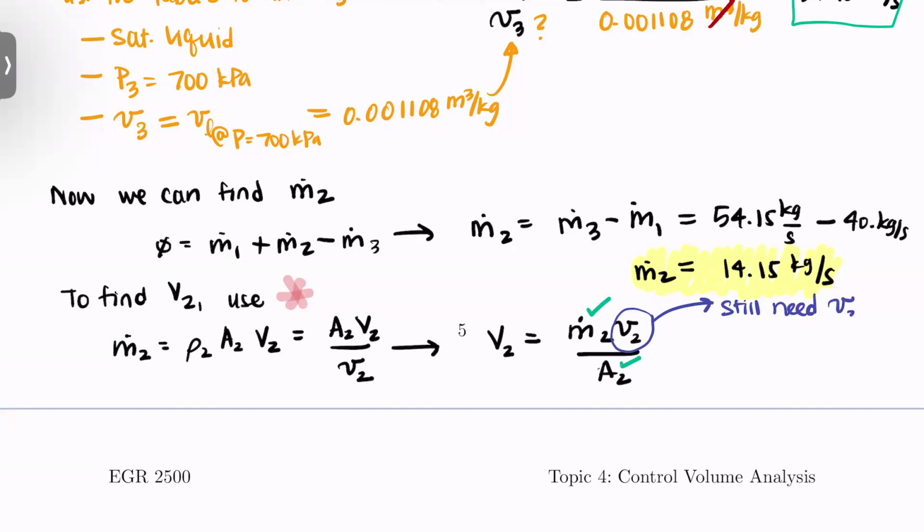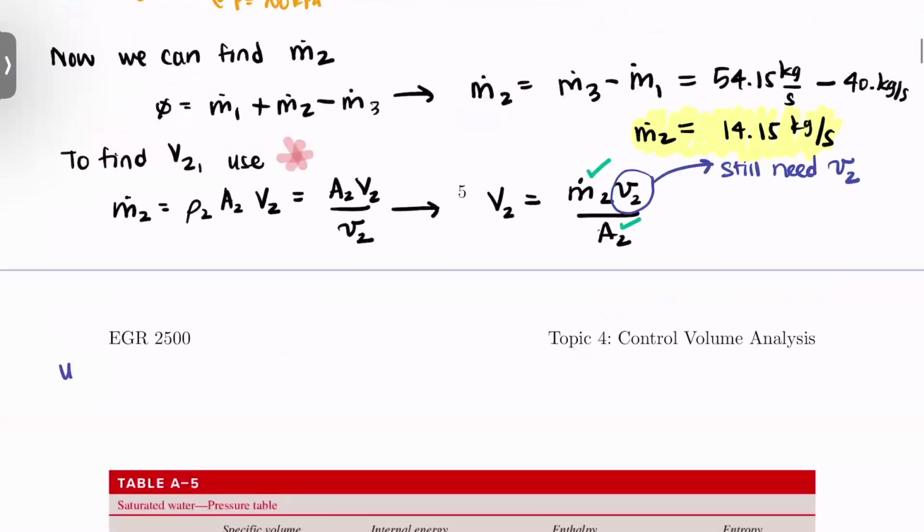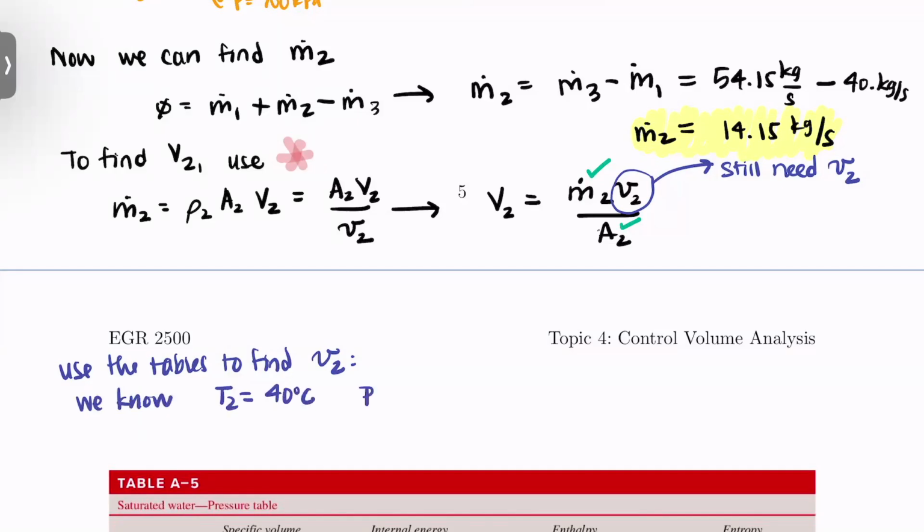How will we find it? The tables, yay. Okay, so we're going to use the tables to find V2. So for this one, we know that T2 is 40 degrees C and P2 is 700 kPa.